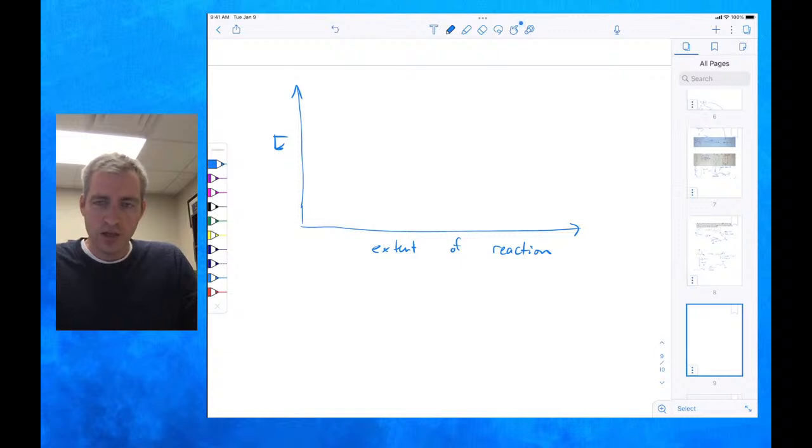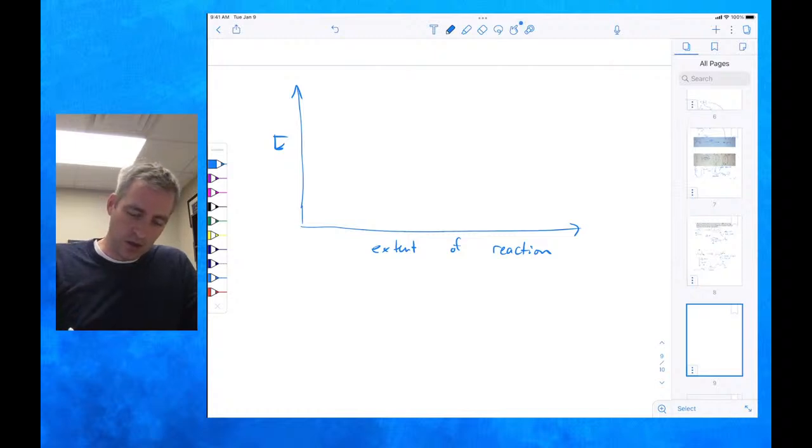So if you look at something straightforward like an SN2, where you have a nucleophile like cyanide, the mechanism is very straightforward for something like this.